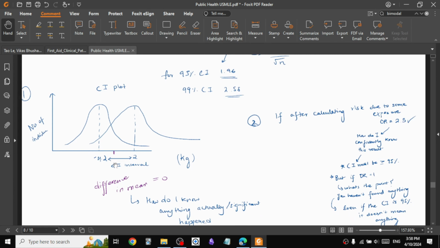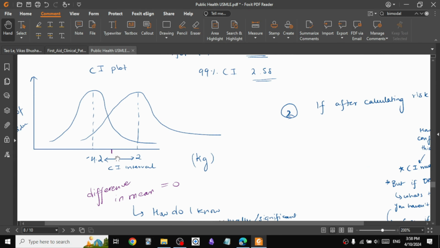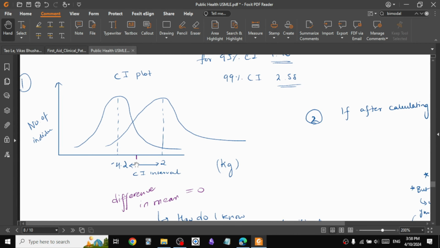If the difference in mean, okay, you see how this was a study about some weight loss or something, and this is the frequency, and this is the amount of kg they actually lost or gained. In one patient population they found that they gained 2 kgs. In another patient population they found they lost 4.2 kgs.